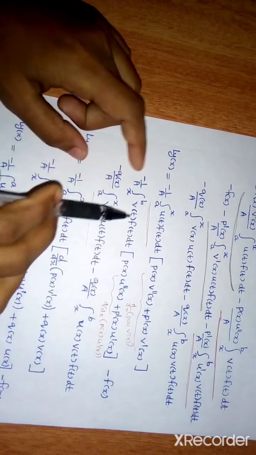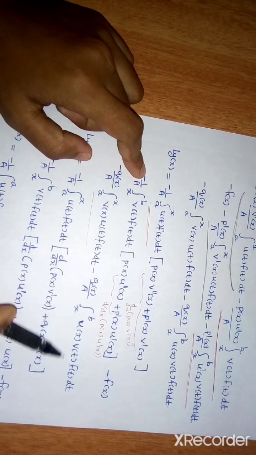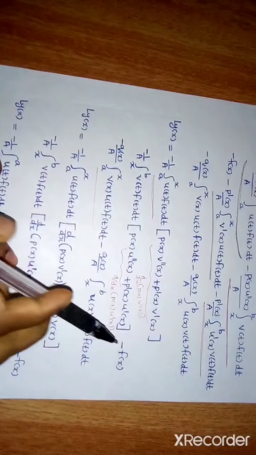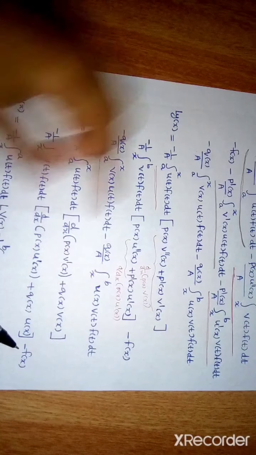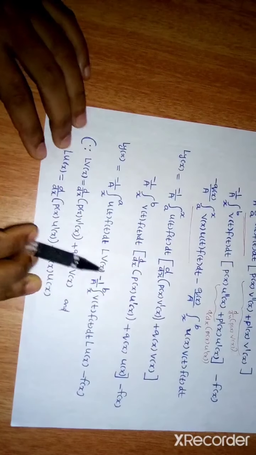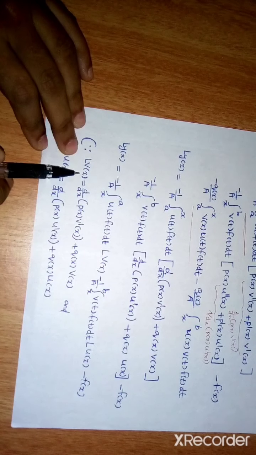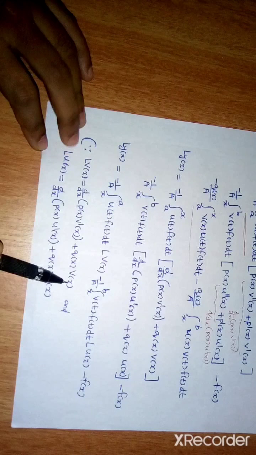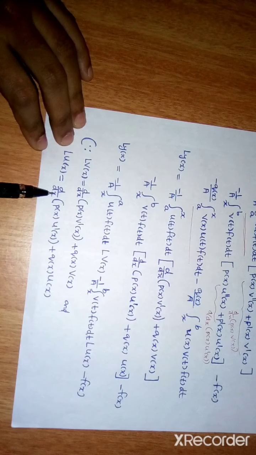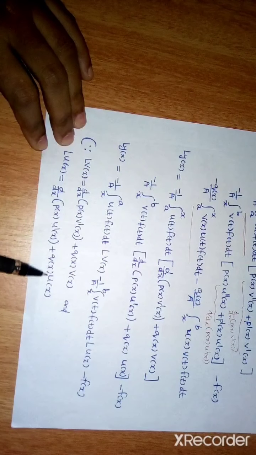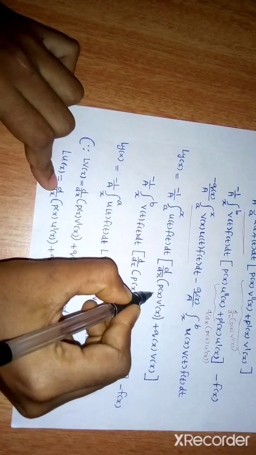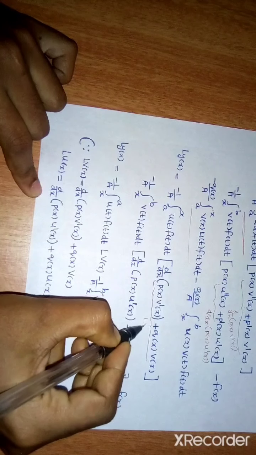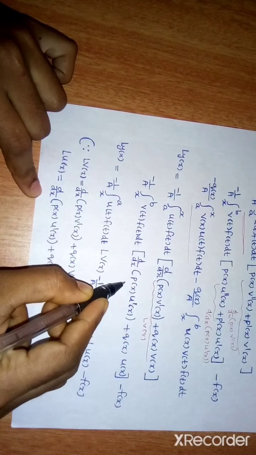Similarly from this integration and this integration I take the common terms, and the left term we have is minus f of x, which I have written. And we know what Lv of x is: Lv of x equals d by dx of p of x v dash of x plus q of x v of x, and Lu of x is d by dx of p of x u dash of x plus q of x u of x. So instead of this value I can write Lv of x, and instead of this value I can write Lu of x.